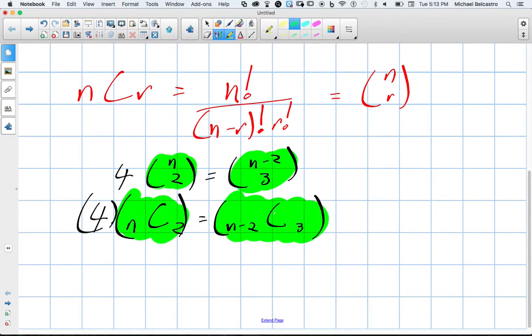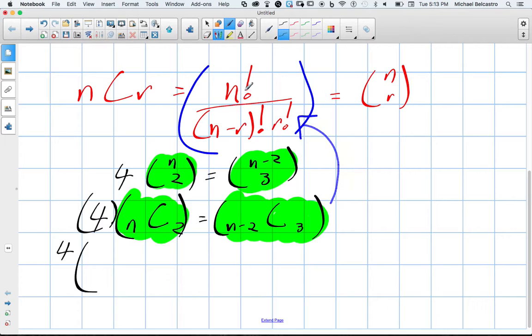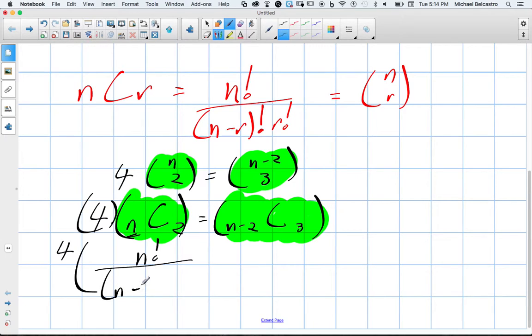Now we're going to have to kind of change it again. I didn't have to go through this many steps, but I want you to see the progression. Now we're going to write it like this fractional answer. So that 4 is still going to stay on the outside. And now what we have is our n factorial, which is still n. So n factorial over n minus, well, 2 is our r value, factorial, times 2 factorial.